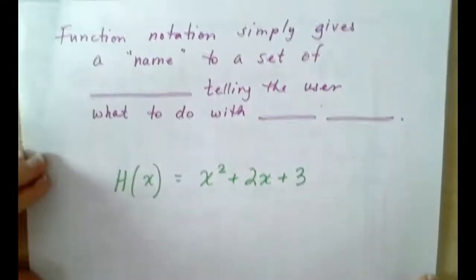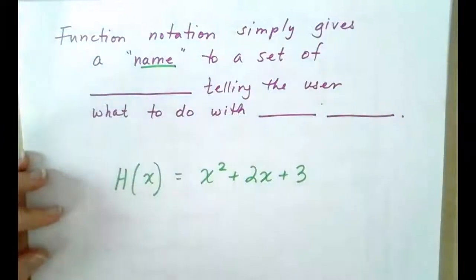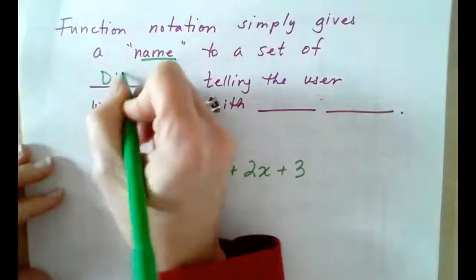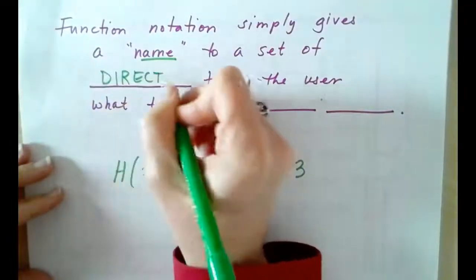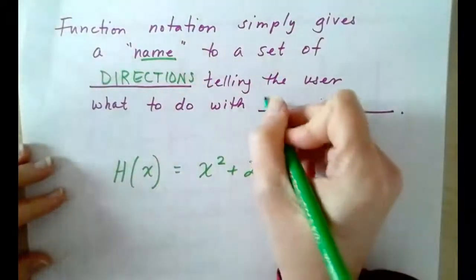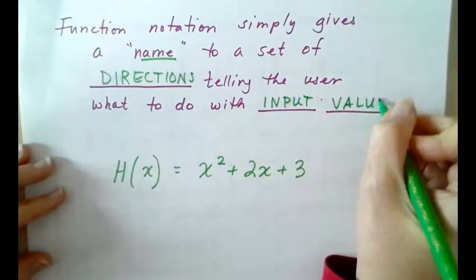So let's sum it up here. Function notation simply gives a name to a set of what? To a set of directions telling the user what to do with the input values.